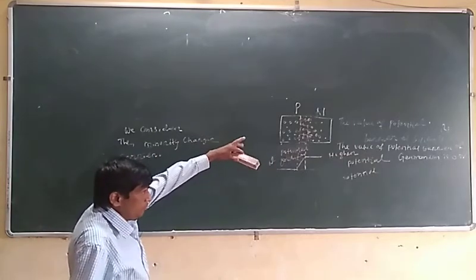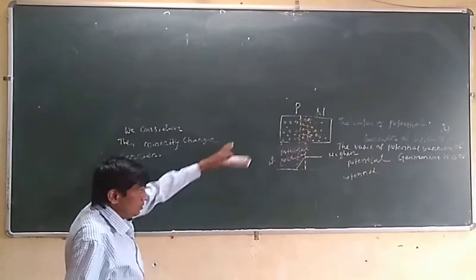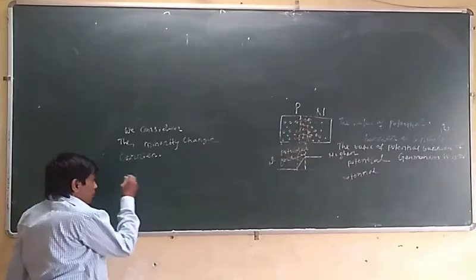We know in a p-type semiconductor, the minority charge carriers are electrons.